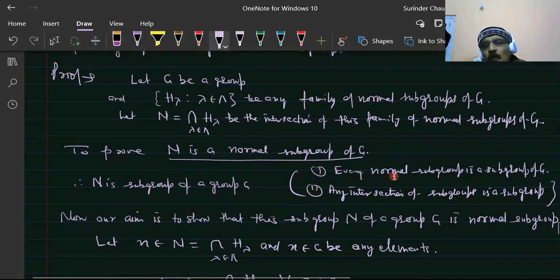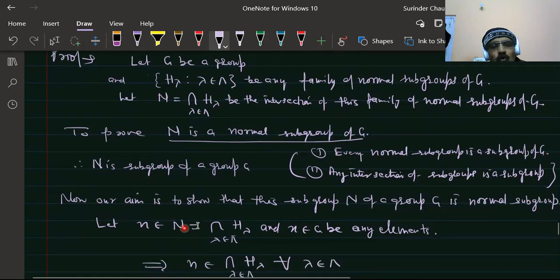Every normal subgroup is a subgroup of G, and any intersection of subgroups is a subgroup. So N is a subgroup of G.